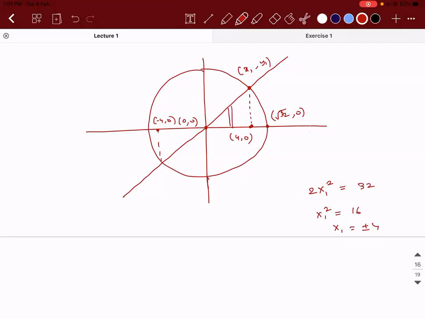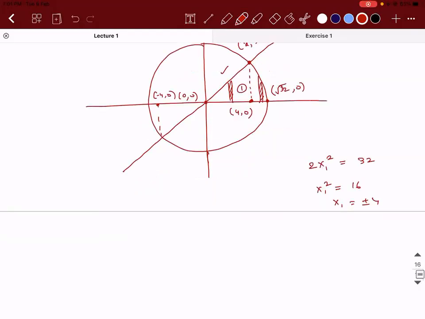Because if you see, in the first part, the area is made by the line. In the second part, the area is made by the curve. So how do I write the equation? Integral of 0 to 4 plus integral of 4 to root 32.